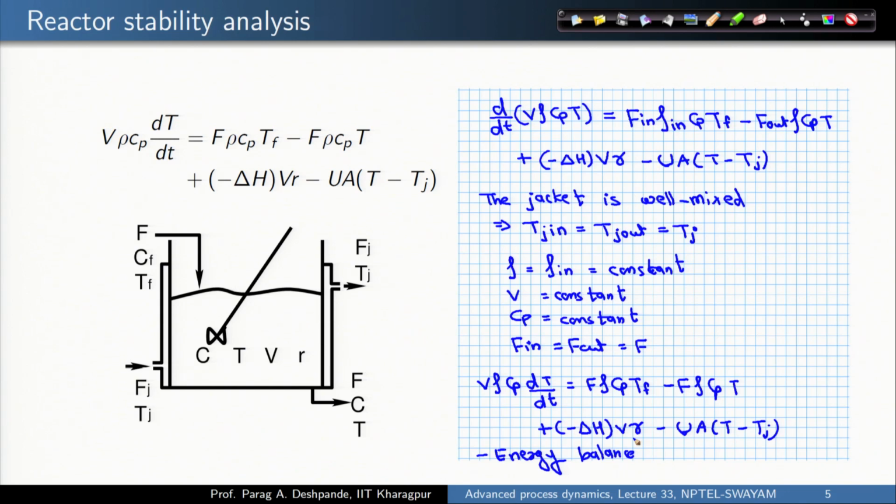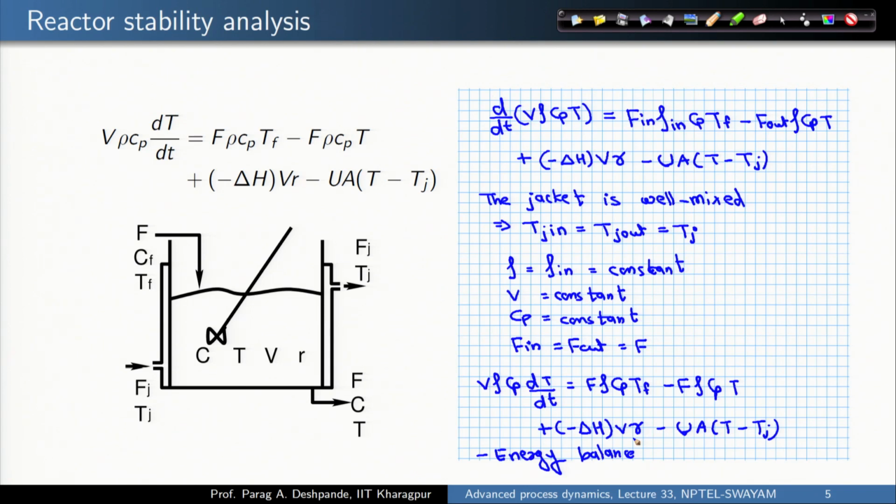Now, certain observations further in this case: you have minus U A (T minus T j). This basically means that you have the flow of heat from the system, from the reaction mixture to the jacket fluid.